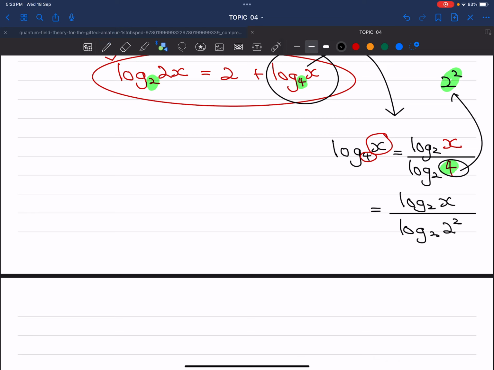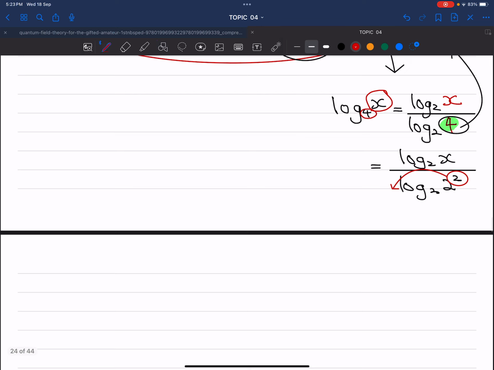And if you remember, the power can come down. So now this would become, above, as usual, copy back, log x base 2, below, this is 2 log 2 base 2. But log 2 base 2 is equal to 1.